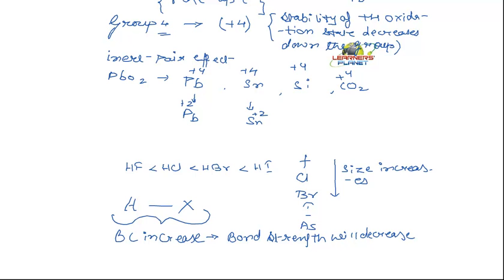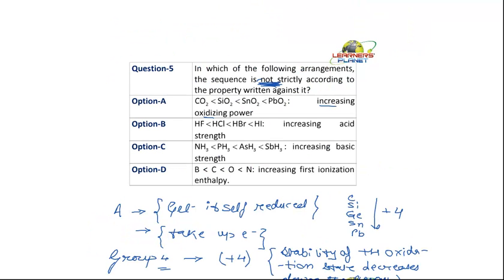So, they will easily lose their H as H plus ion. So, which will be the strongest acid here? HI, then HBr, then HCl, then HF. The strongest would be HI. So, this second one is also correct.